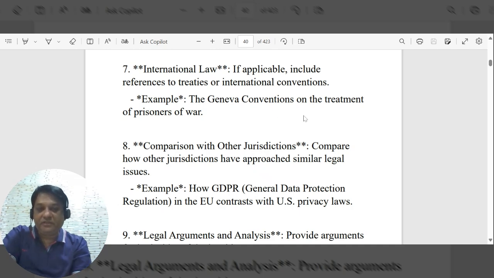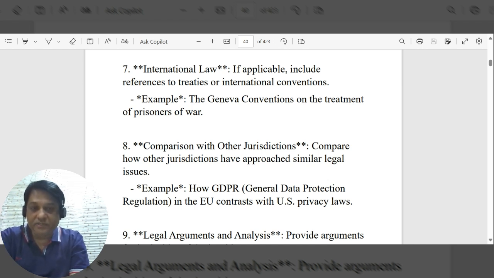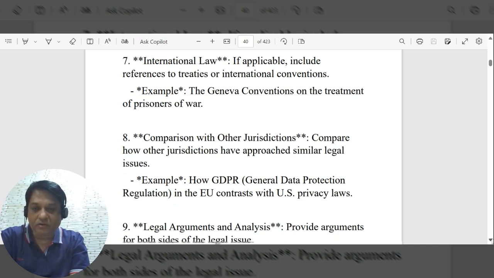Example, the Geneva Conventions on the treatment of prisoners of war. Comparison with other jurisdictions, compare how other jurisdictions have approached similar legal issues. Example, how GDPR in the EU contrasts with US privacy laws.